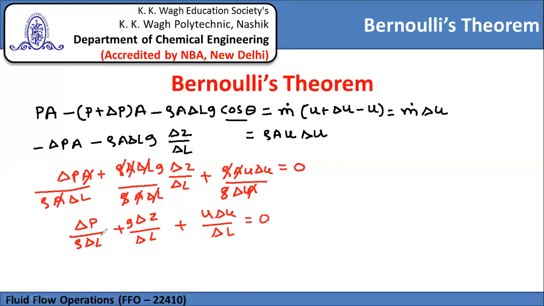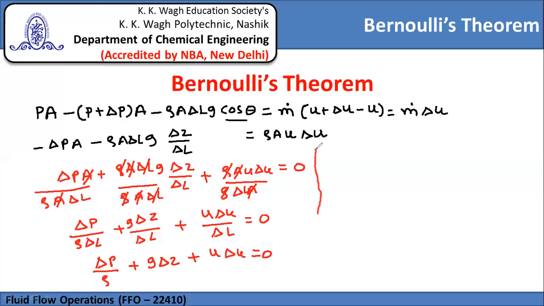So again, if we multiply this equation by delta L, then it will reduce to delta P upon rho plus G into delta Z plus U into delta U is equal to 0.